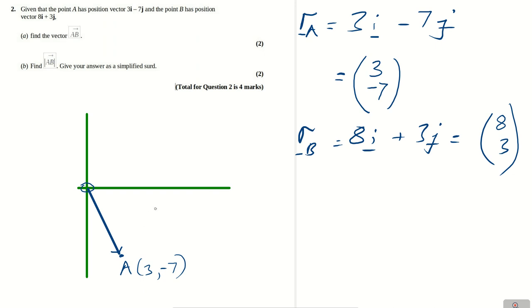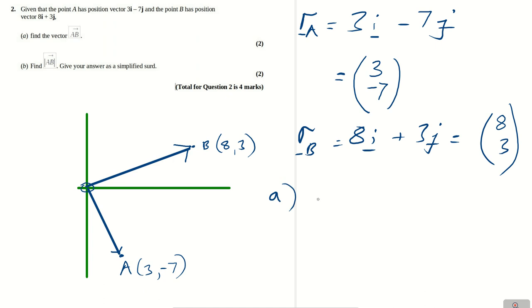So (8, 3) is going to be somewhere about like that. So that's the point B. It's the point (8, 3), and the position vector goes from the origin to the point B there. So that's what it all means.